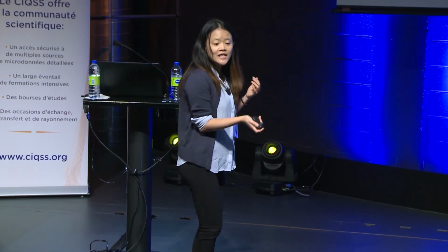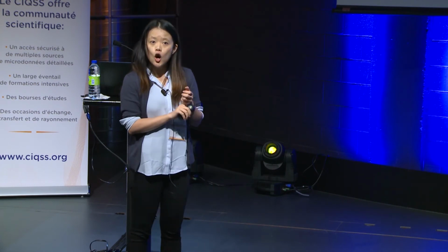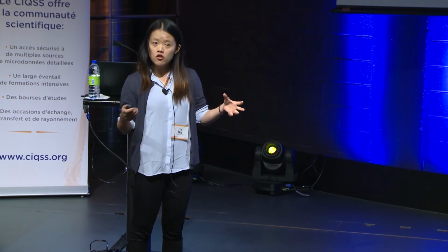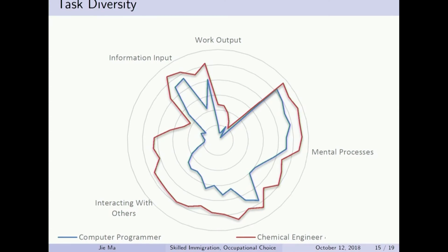That's why I started to check the O*NET dataset. The dataset provides different measures of tasks being performed by each occupation. So this is suggestive evidence. If you look at chemical engineering, that's one of the other STEM occupations. This radar graph is the task space of a specific occupation, and the inner one is the computer programmer, which is a computer science occupation.